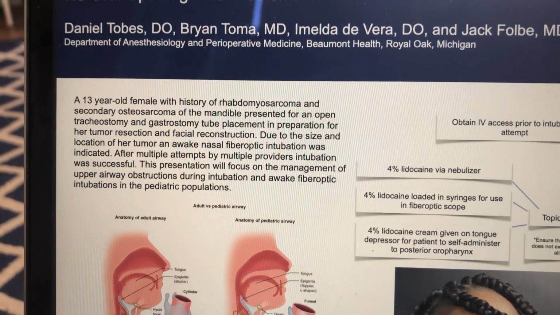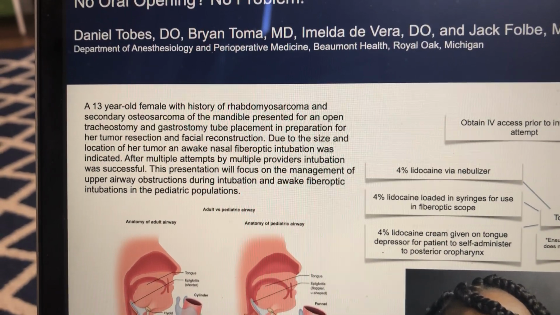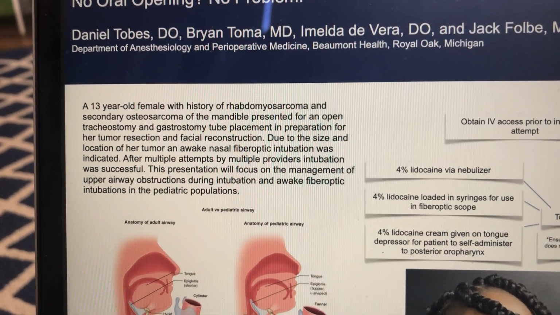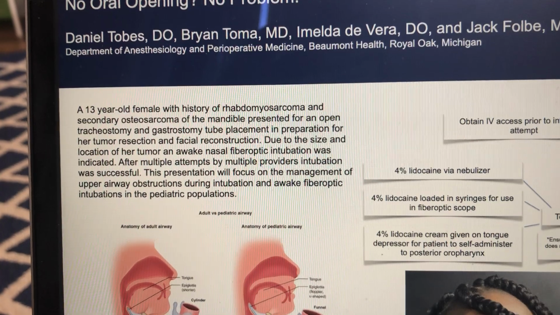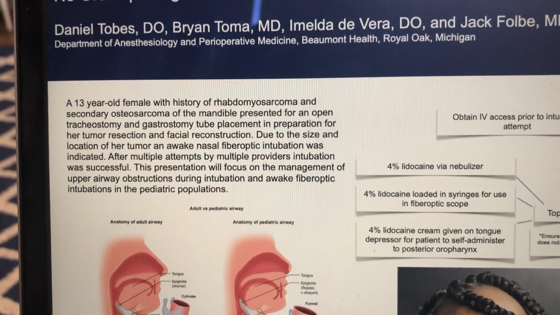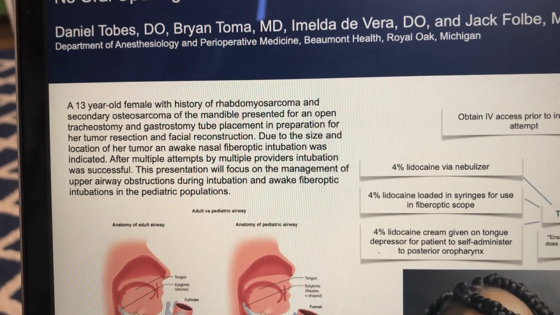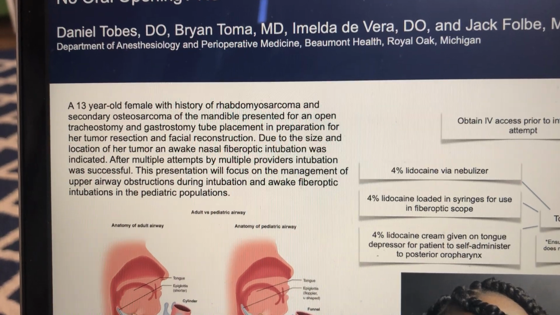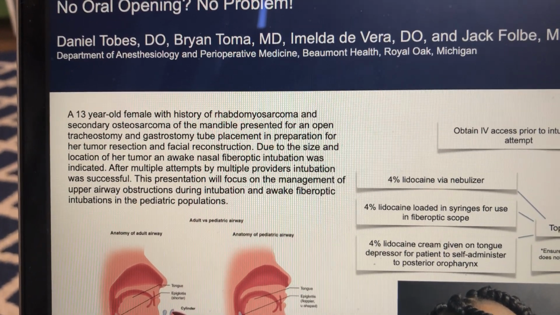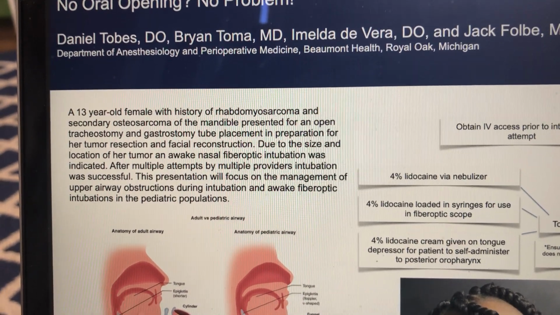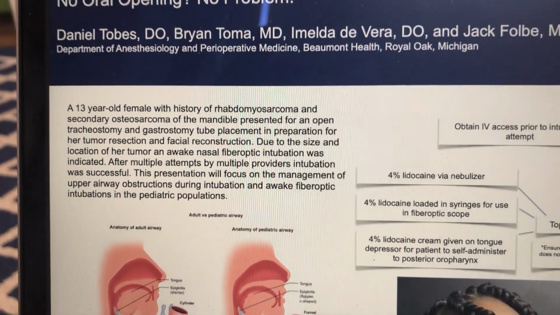Due to the size and location of her tumor, an awake nasal fiber optic intubation was indicated. After multiple attempts were performed by multiple different providers, eventually intubation was successful. This presentation will focus on the management of fiber optic intubations in children, especially awake fiber optic intubations.